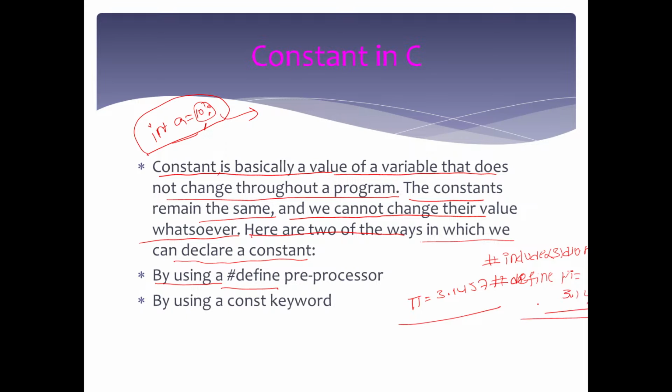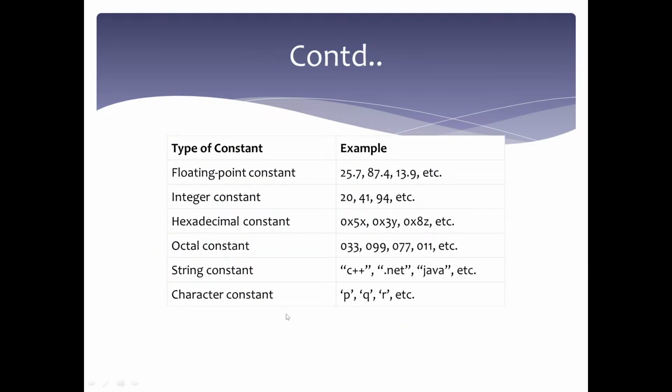Likewise, we declare such a value outside of the main function itself. This is one process of declaring a constant. We can also declare it by using the const keyword. Practically, we will implement this in the next class. No worries.